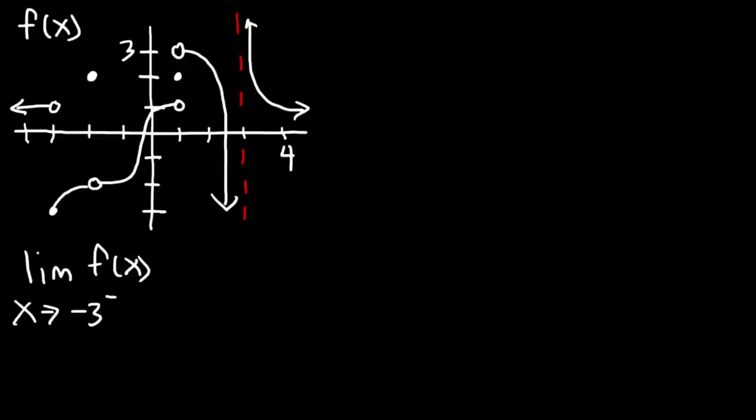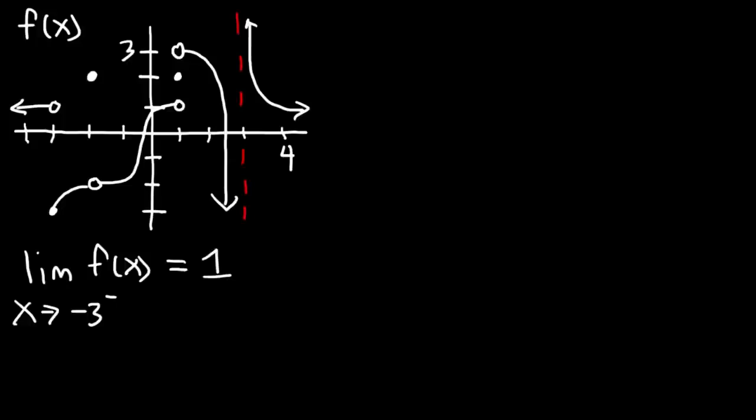So first identify where x is negative 3. X is negative 3 anywhere along that vertical line. Now we want to approach that vertical line from the left side. So therefore you want to follow the curve from the left until you get to that point. So notice that the y value here corresponds to positive 1. So therefore the limit as x approaches negative 3 from the left side is 1.